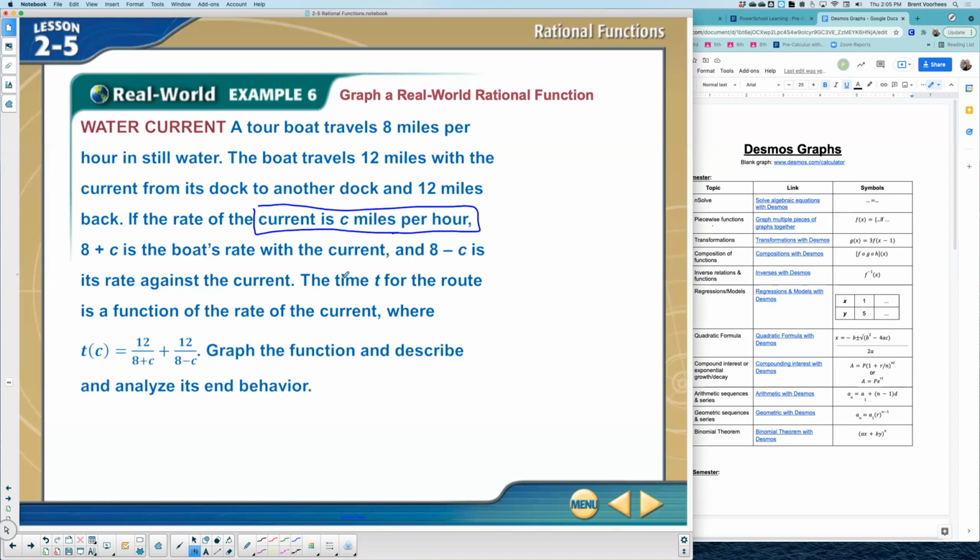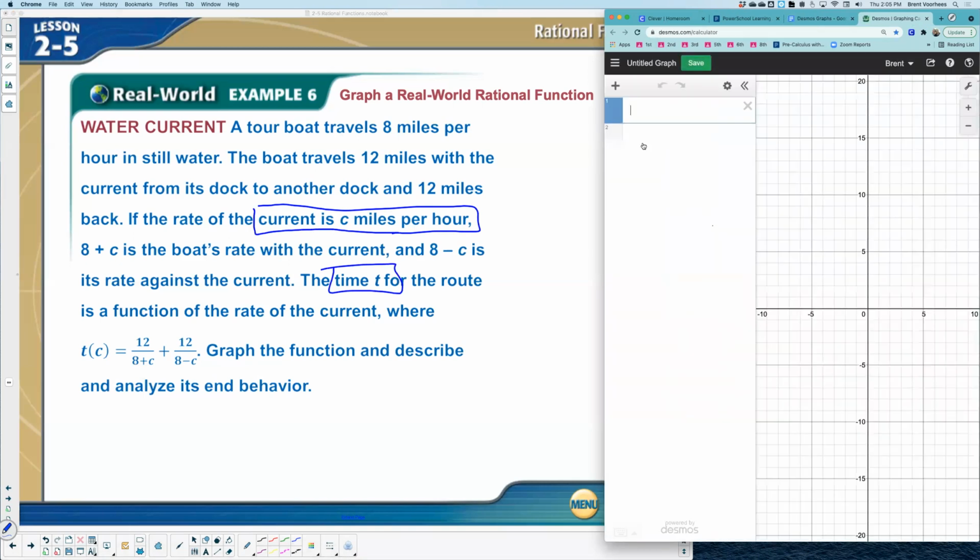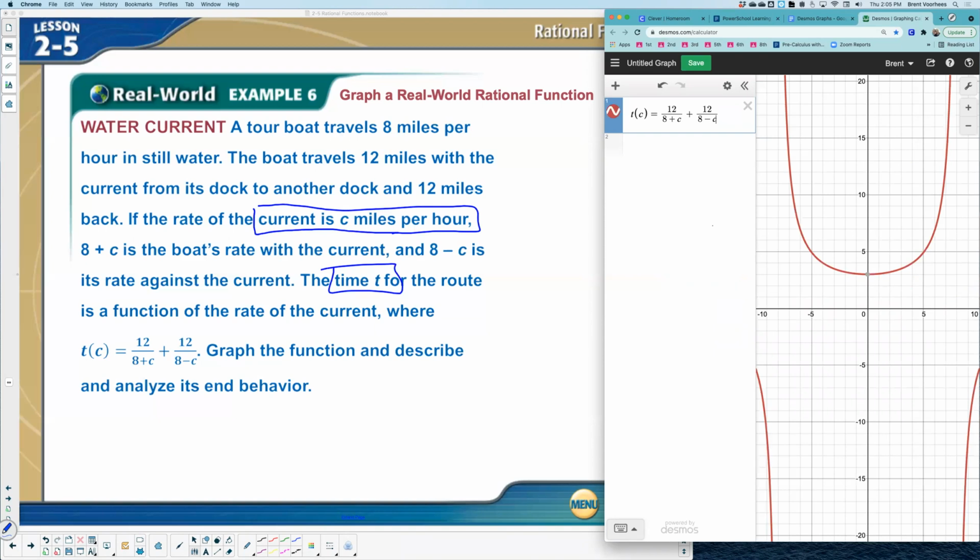It says here the time t for the route is a function of the rate of the current, where t of c equals all this. It says graph the function and describe and analyze the end behavior. So let's look at this graph. I'll graph it just as given here: t of c, the time given the current, equals 12 divided by (8 plus c) plus 12 divided by (8 minus c).